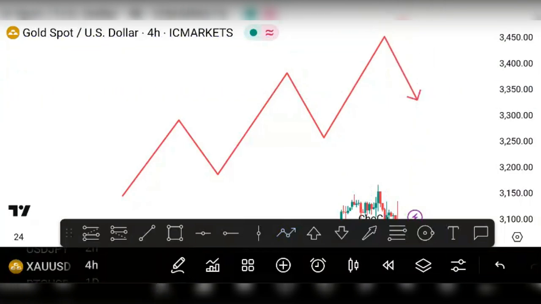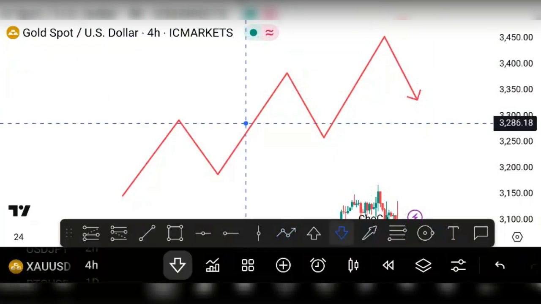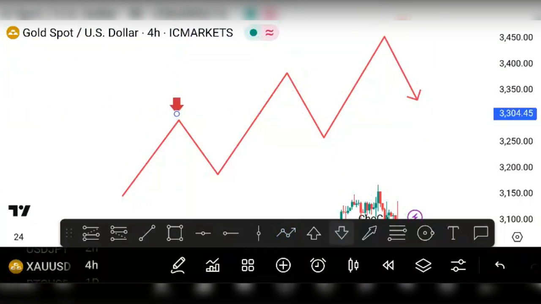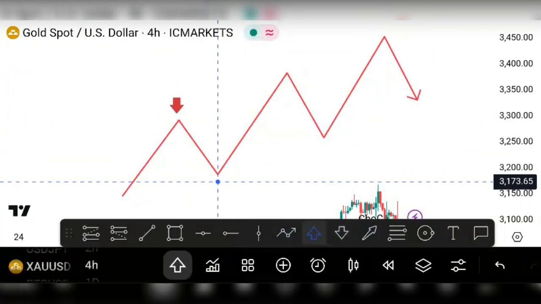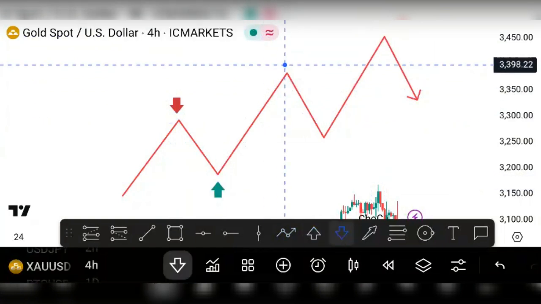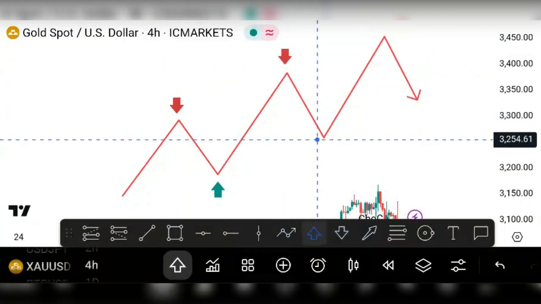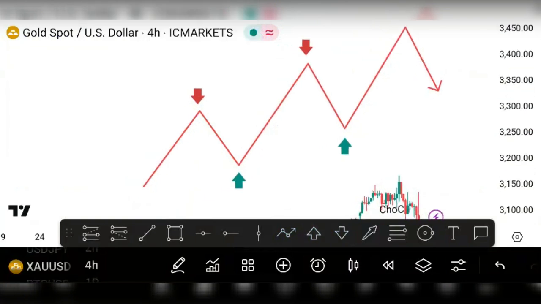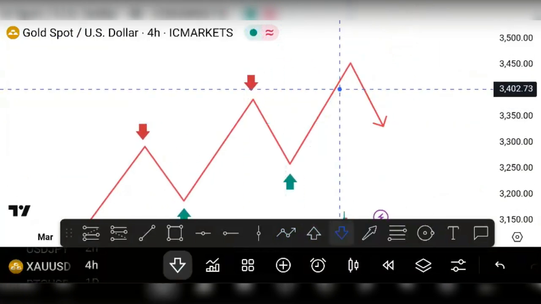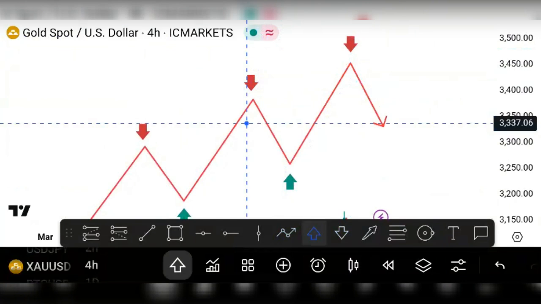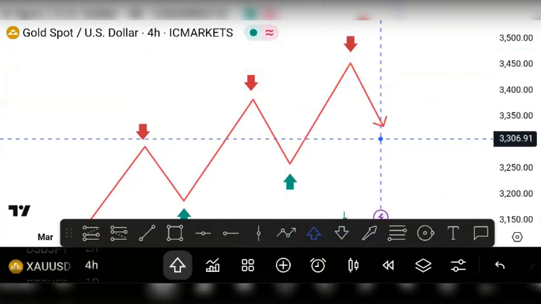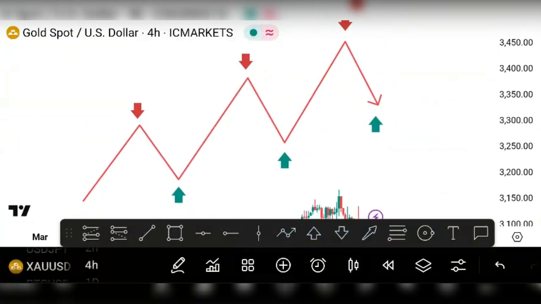Higher highs that I was talking about, giving us swings: swing high, higher low or swing low, higher high or swing high. So that's how markets move.